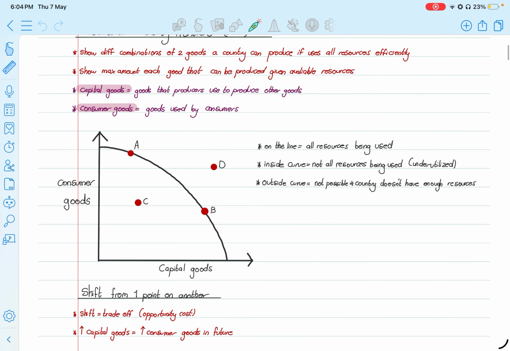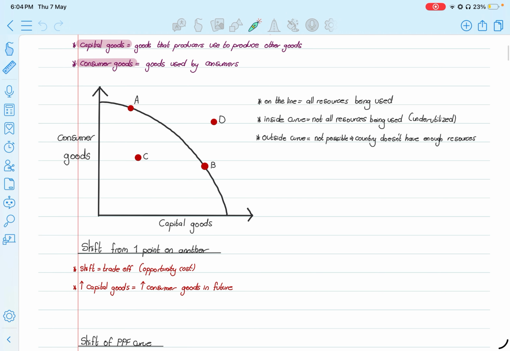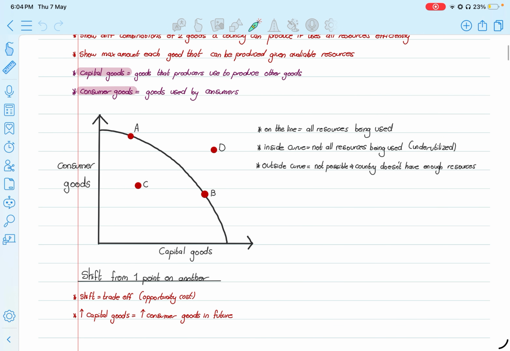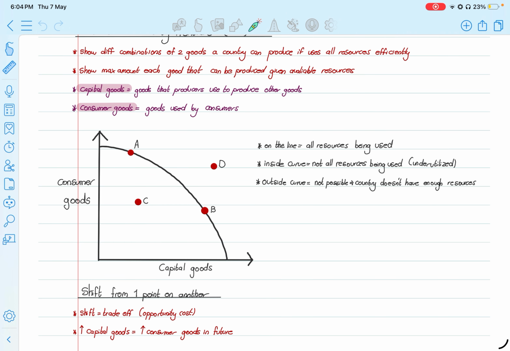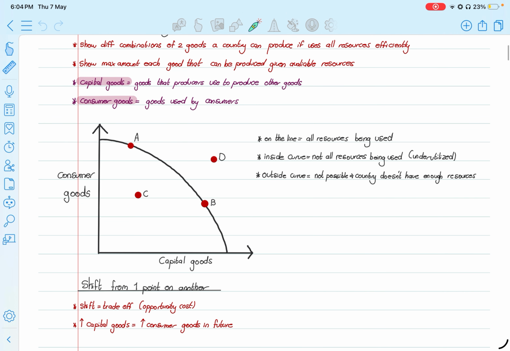Capital goods are resources used to make the consumer goods, for example, tractors for farms.